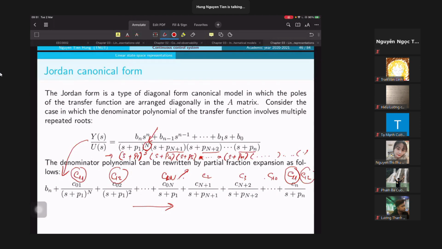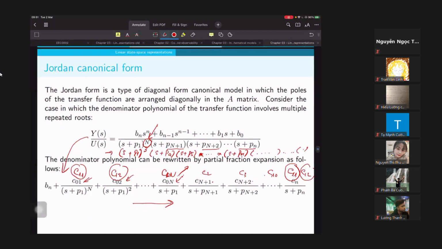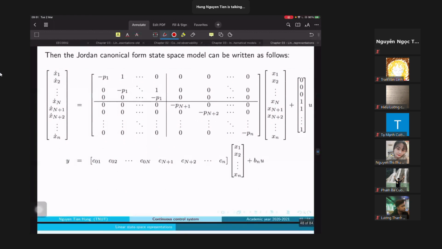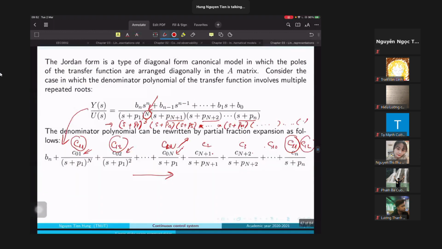So I think this is not good notation. So I change it into C0, C01 here, C02, and C0n. And then we have Cn plus 1, Cn plus 2, and Cn. Okay, I think it's better.